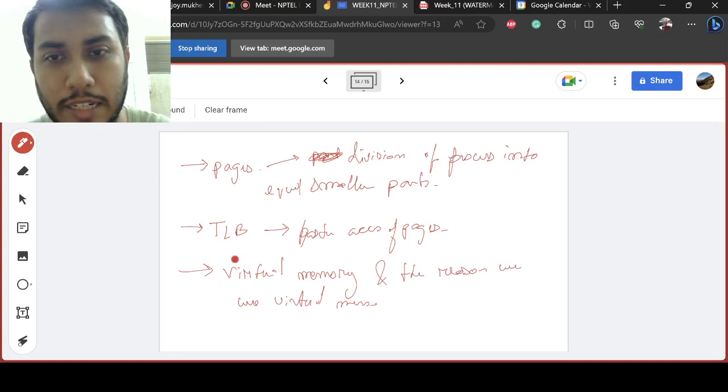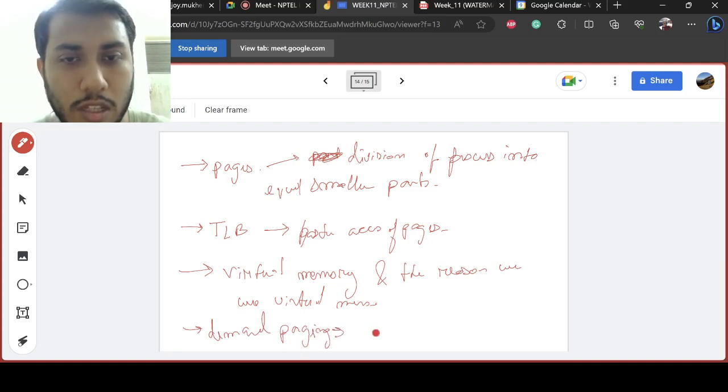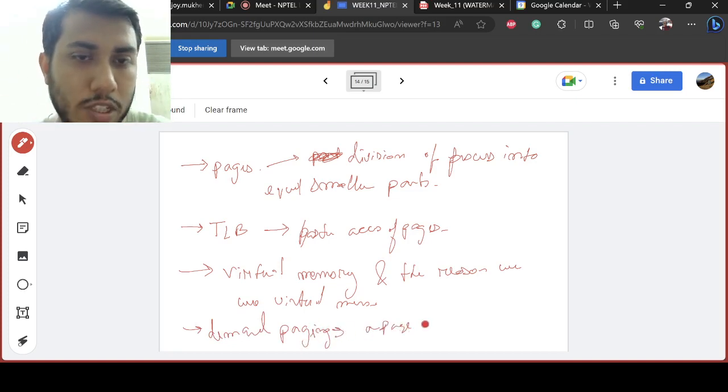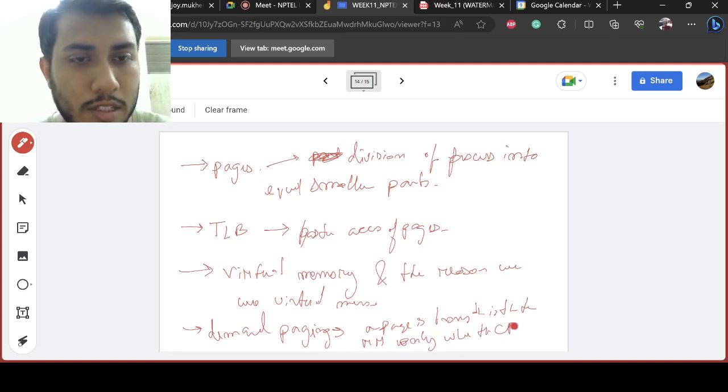We also came across the term called demand paging, which means a page is brought into the main memory only when the CPU needs it.